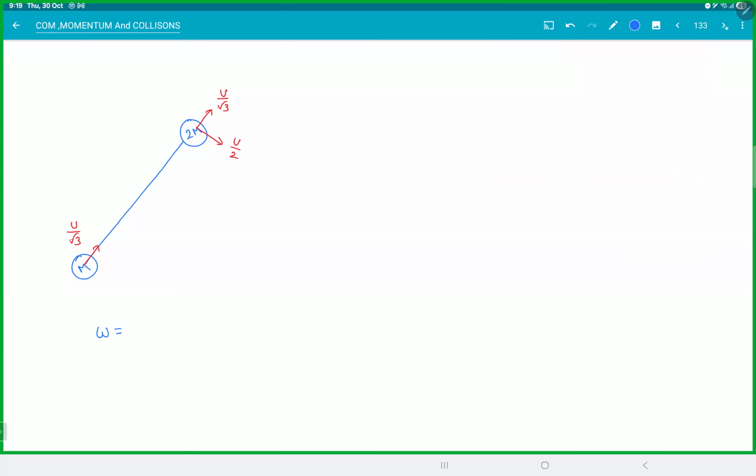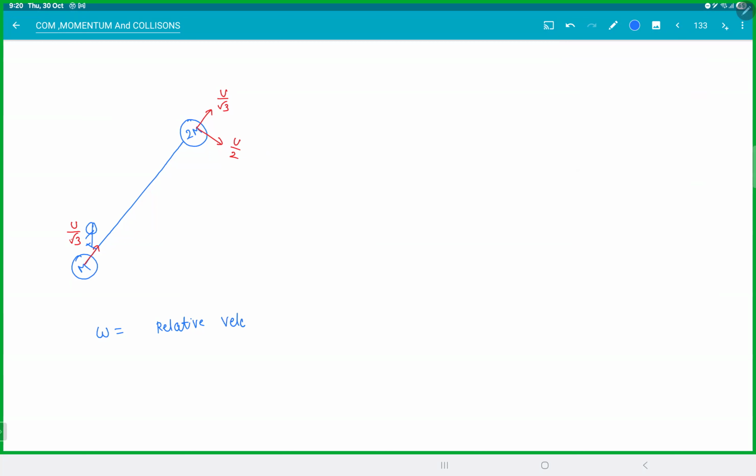So omega is simply the relative velocity. Think about this. If you go and stand on m, what will you think? You will think 2m has only u by 2 velocity, isn't it? With respect to m, you will think it is going with u by 2.